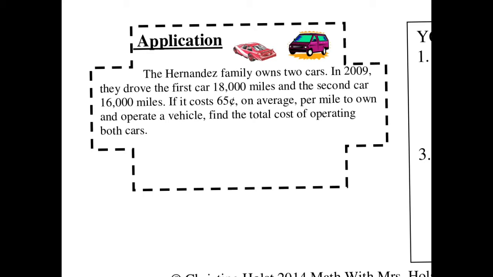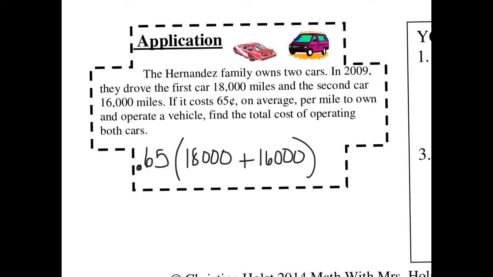If it costs 65 cents on average per mile to own and operate a vehicle, find the total cost of operating both cars. So we know that it costs 65 cents on average per mile. They drove the first car for 18,000 miles, and they drove the second car for 16,000 miles.